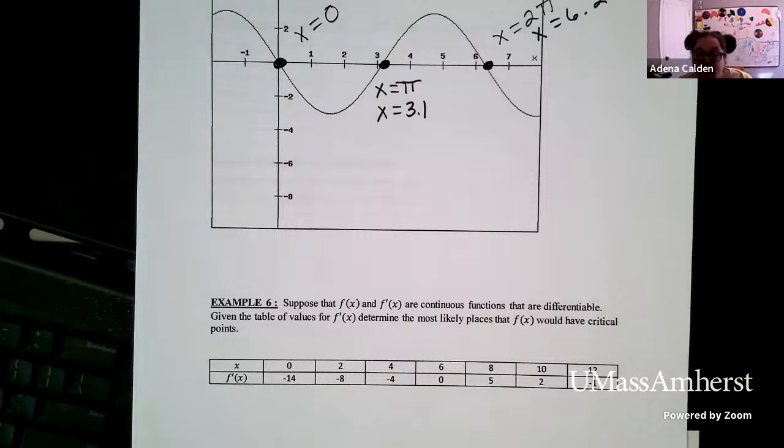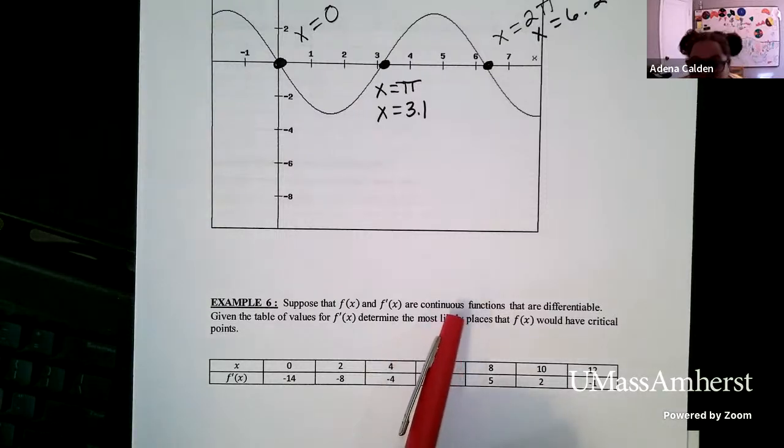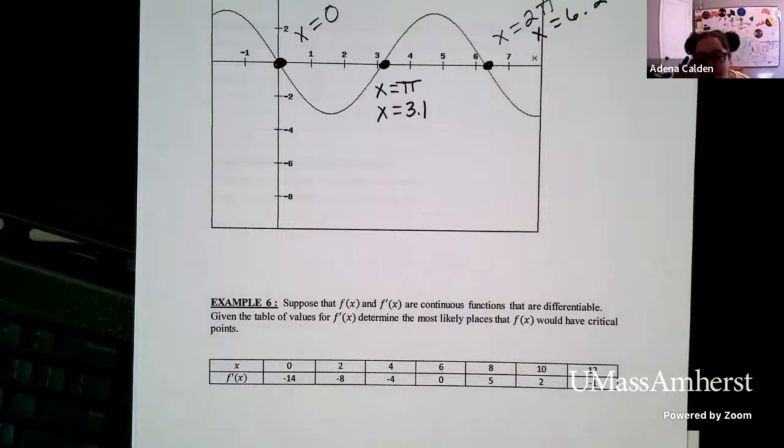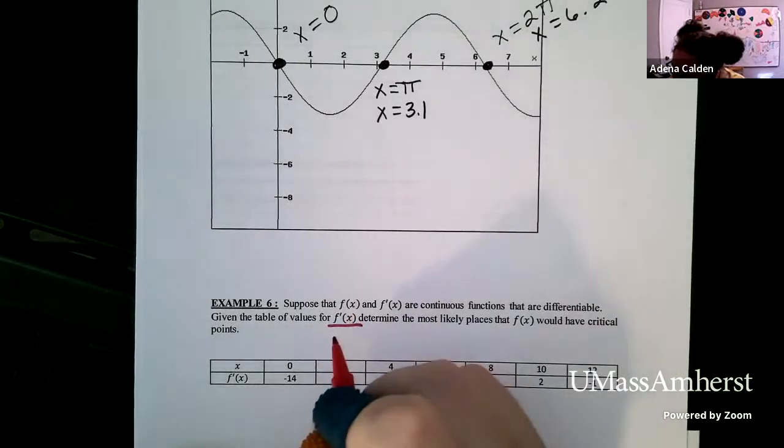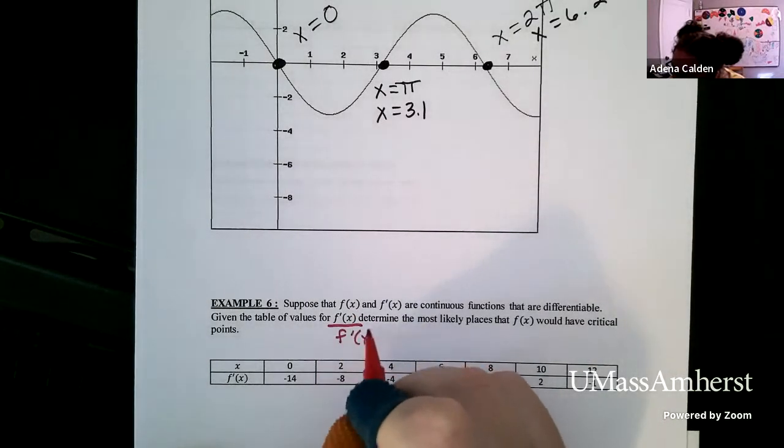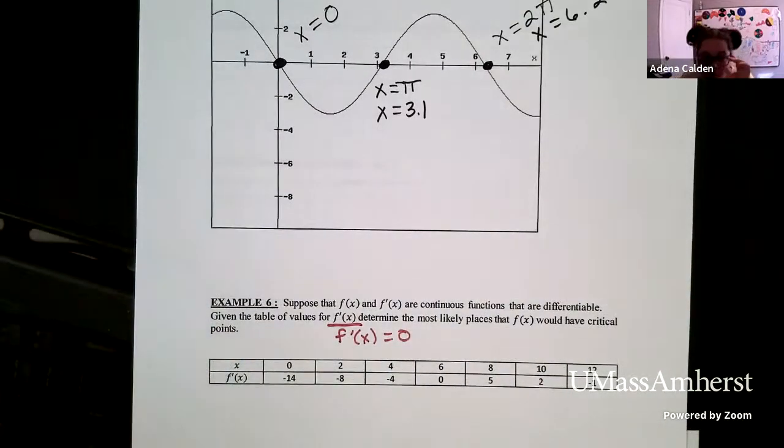Okay. Because f of x and f prime of x are continuous, there's not going to be any places where the first derivative is undefined, right? Because if it's undefined at a point, it's not continuous at that point. We learned that back in chapter 2. So again we are thinking about where the first derivative, which is what we're using, could equal 0.